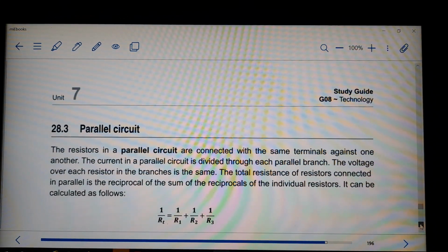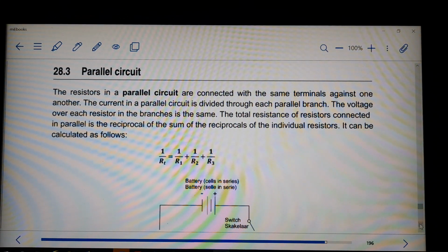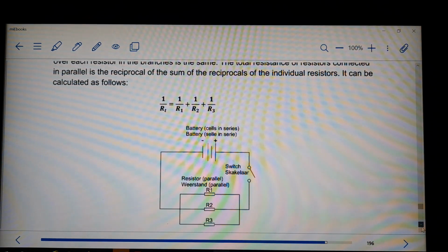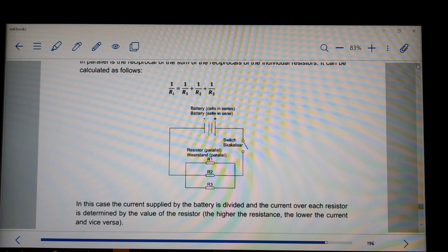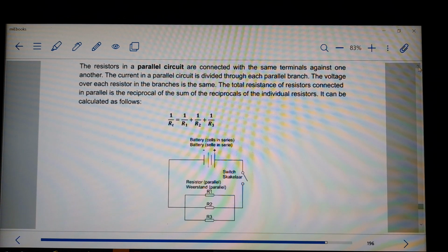Okay, now let's look at the parallel circuit. The resistors in a parallel circuit are connected with the same terminals against one another. The current in a parallel circuit is divided through each branch. So let me minimize this a bit so that we can see the entire information.